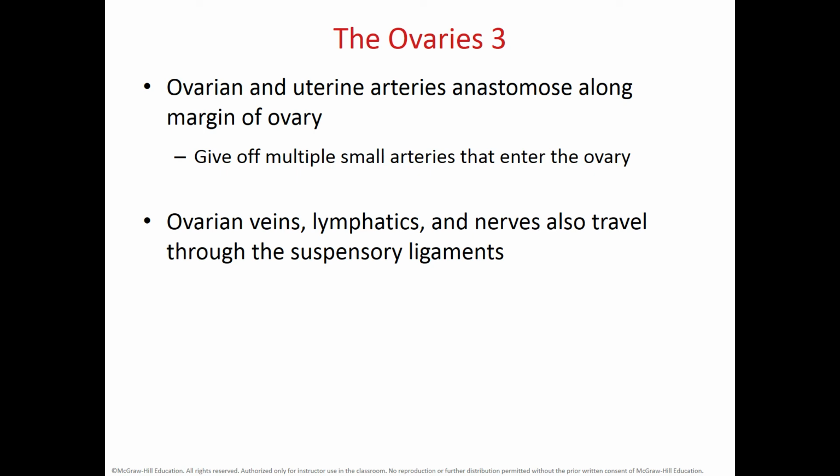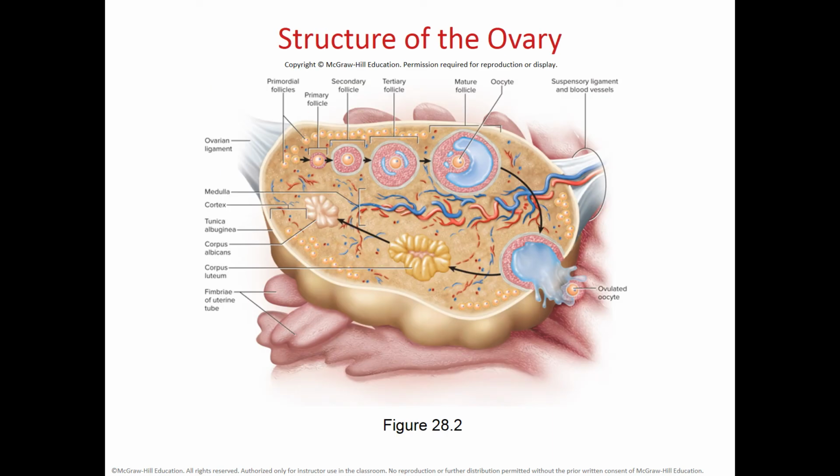Both the ovarian and uterine arteries anastomose along the margin of the ovary, and then they give multiple small branches that enter the ovary. The ovarian veins, lymphatics, and nerves also travel within the suspensory ligament, and the ovarian veins drain into the renal vein on the left side or into the inferior vena cava on the right side.